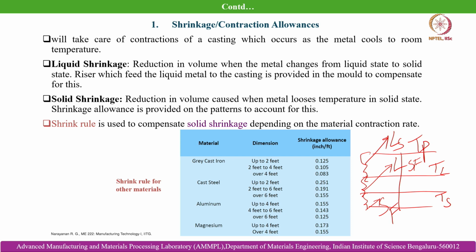So, you can see the shrinkage allowance needed in case of cast steel is much higher compared to what is needed in case of grey cast iron. And it not only depends on the material, but also on the dimension of the object that we are going to cast. Okay. So, this is how we provide shrinkage allowance to the cast geometry.